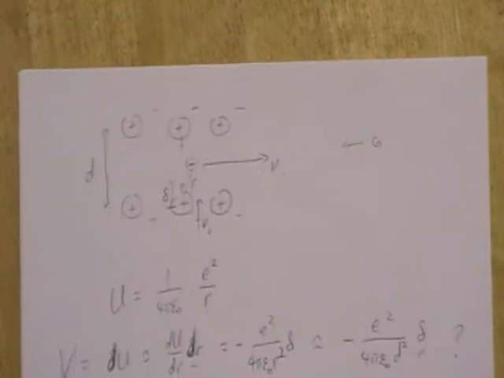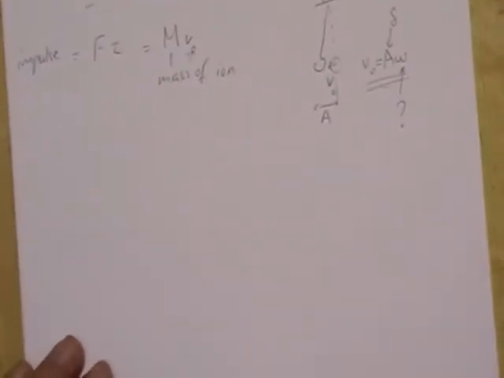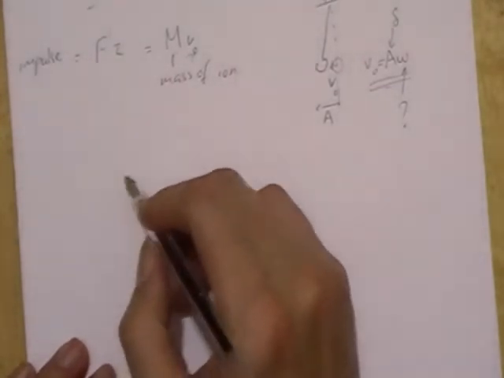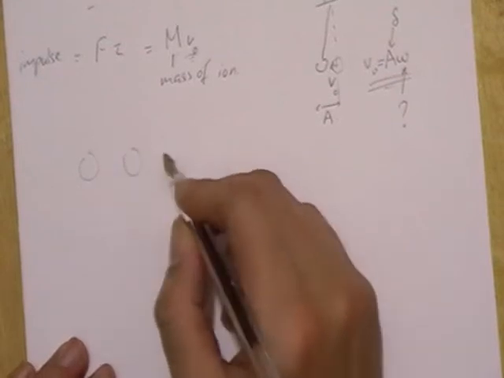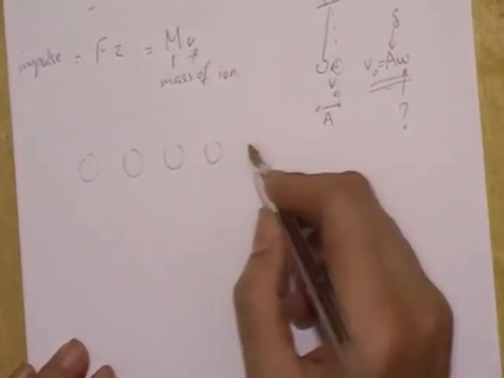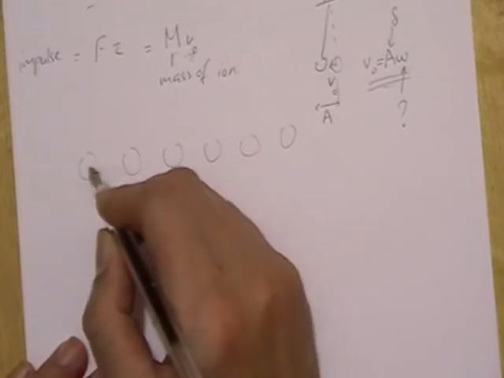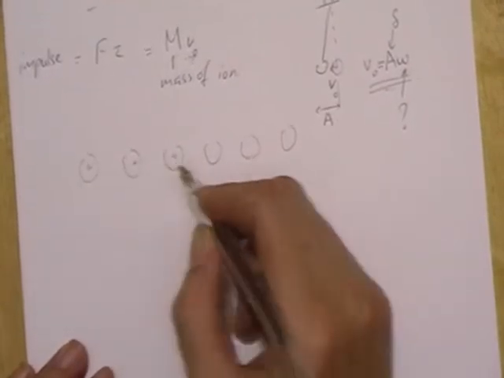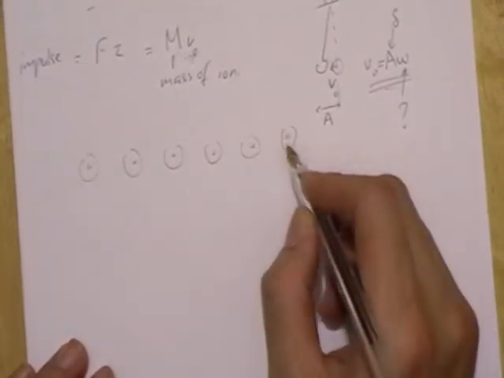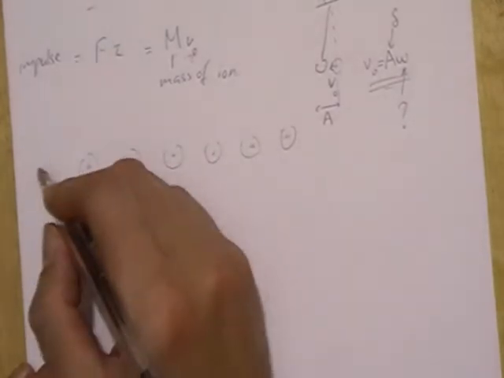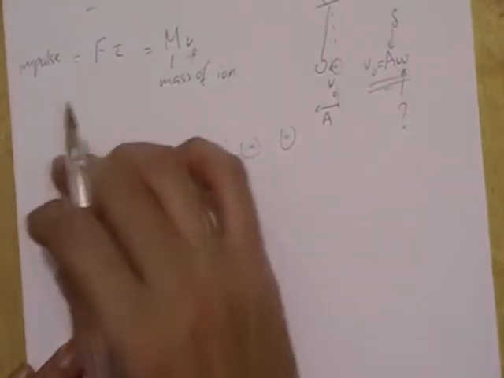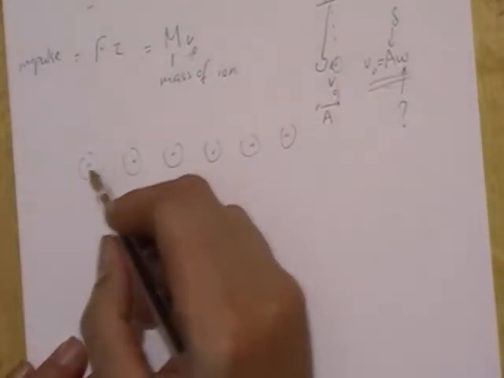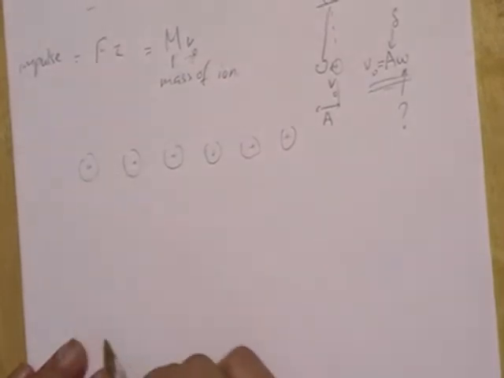Now I'm going to try and draw a picture of this to show what it looks like. Supposing that initially we have these ions in a row. Now, imagine a longitudinal wave going through this row of ions. So that will cause vibration in this direction.